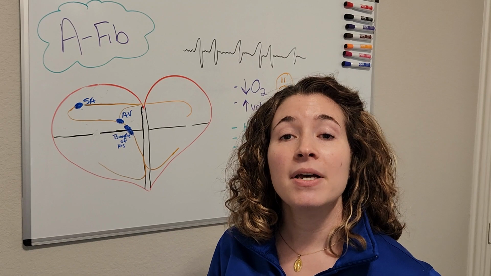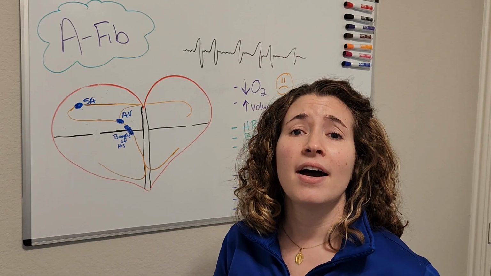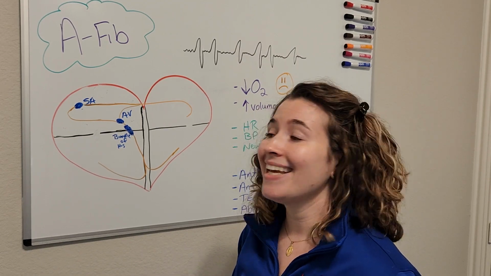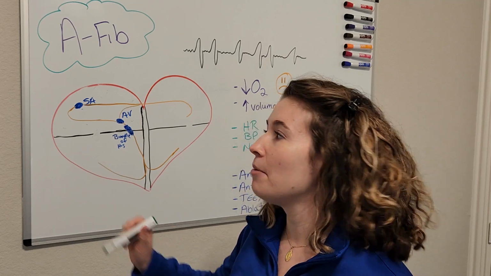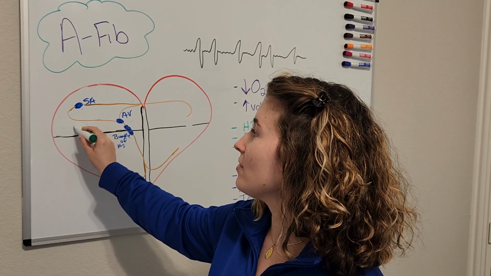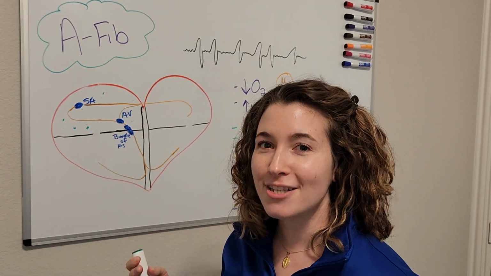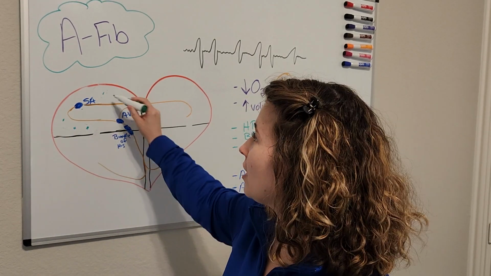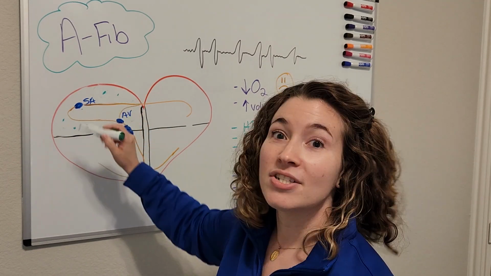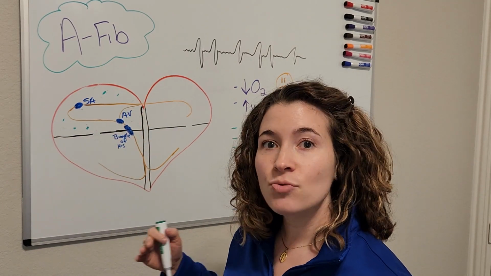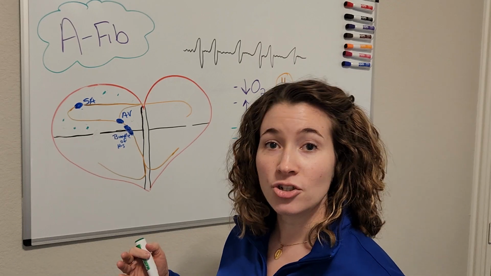So in A-Fib, something causes some of the electrical cells in the right atrium to become irritated. The cells in the right atrium of the heart have the unique ability to cause that contraction to occur. Now, normally the SA node is the primary pacemaker and is what directs that signal to occur.